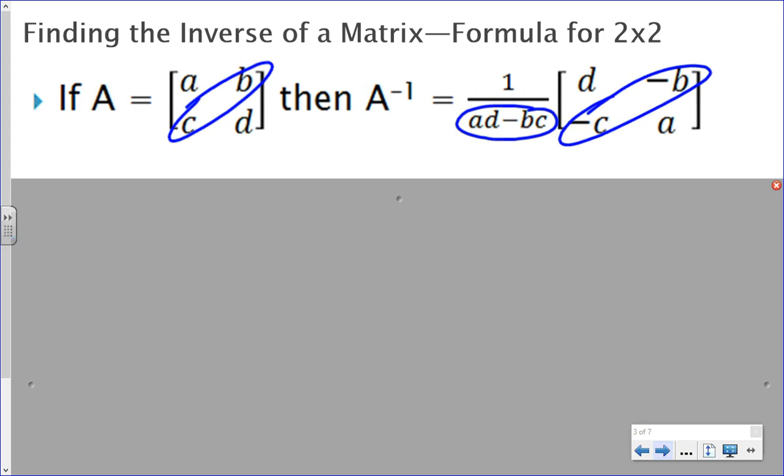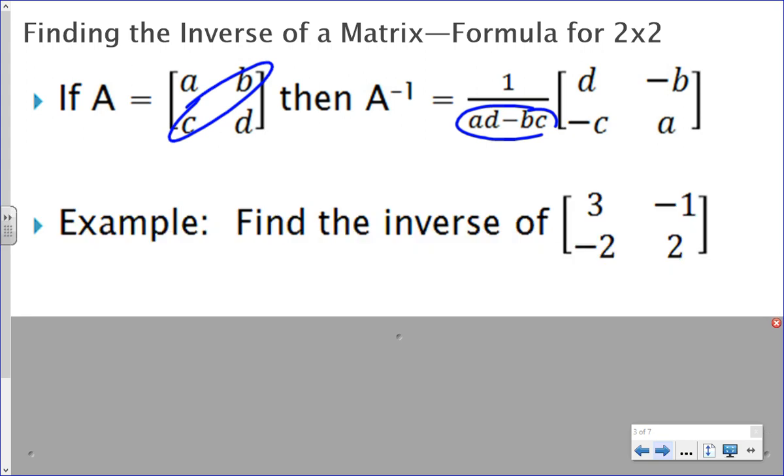They're opposite, okay? So we switch A and D, and then we negate B and C, okay? I know that you can make all of these calculations. It's just a matter of remembering how to do it, all right? So we have to practice for sure in order to be able to remember this.